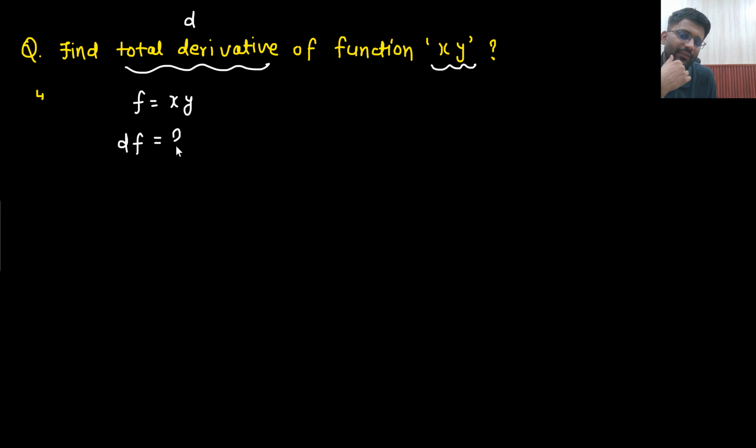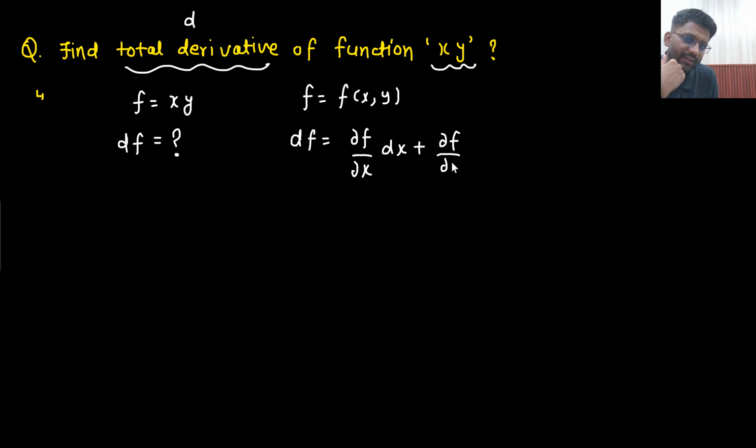Df. So you can see that, sir, f is a function of x comma y. So what will be df? Df will be nothing but del f by del x dot dx plus del f by del y dot dy. If this is f, which is x comma y, can you find out del f by del x?